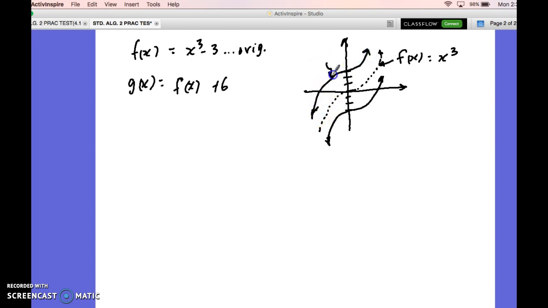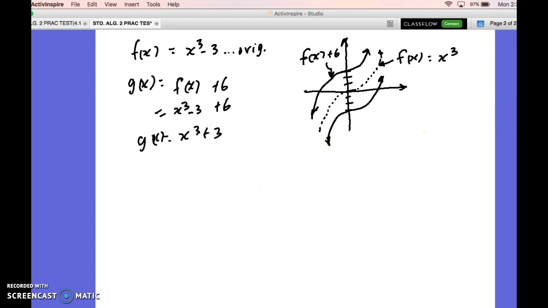This would be the given f of x plus 6. And in terms of the algebra, you take a look at this f of x plus 6. What's f of x? f of x is x cubed minus 3. So you write x cubed minus 3, and then you add 6 to it. So negative 3 plus 6 gives me positive 3. So that's what the g of x would be like. That would be the rule for the g of x.